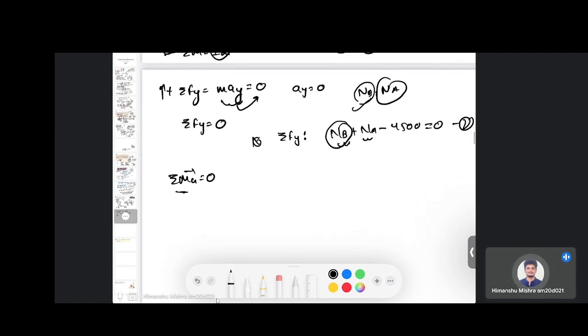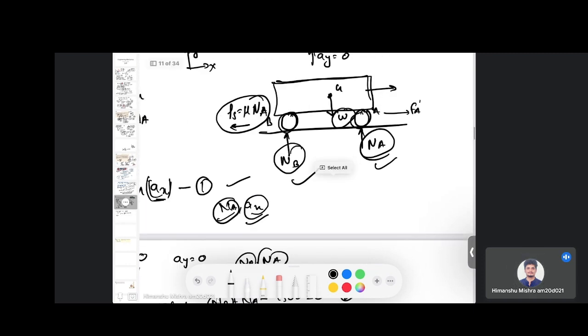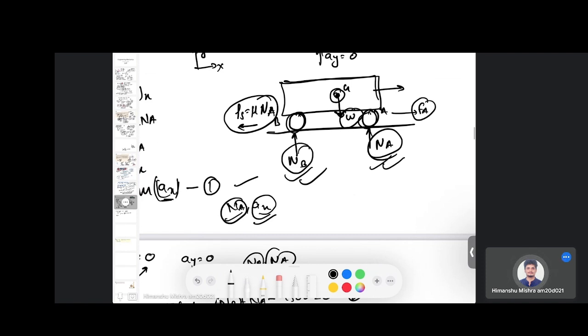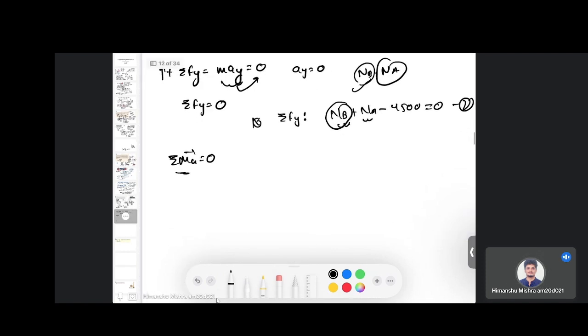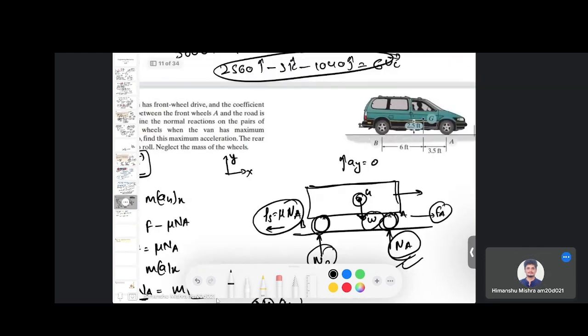So my summation of moment at point G equals 0, and the moment is due to this force F and these two normal reaction forces. There will be no contribution of moment due to the weight, because we are calculating the moment at this point itself. So it will be Na times 3.5 plus 0.8 Na times 2.5, which is due to the force F, and Nb multiplied by 6.